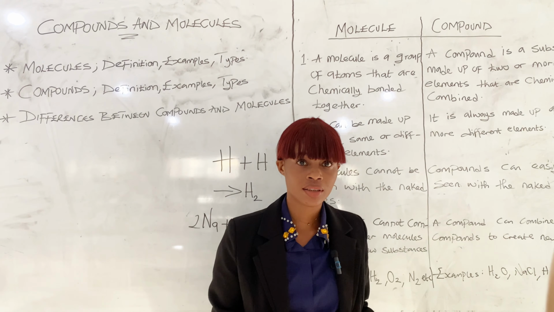Number two, it can be made up of the same or different elements, which I just explained. So a molecule can be made up of the same or different elements. But for a compound, it is always made up of two or more different elements. So you cannot have a compound having hydrogen and hydrogen. That is not a compound, that is a molecule.